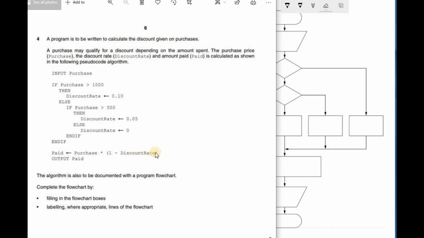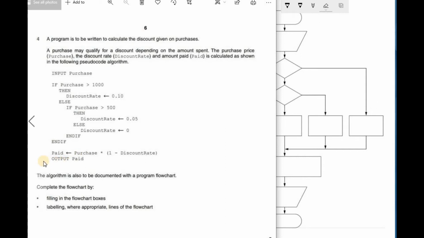If it is 0.05, then 1 minus 0.05 will become 0.95, and 0.95 will be multiplied by the purchase amount. So 5% will be deducted in that case also. So the customer pays 95% of the amount, and 5% will be the discount given to the customer.